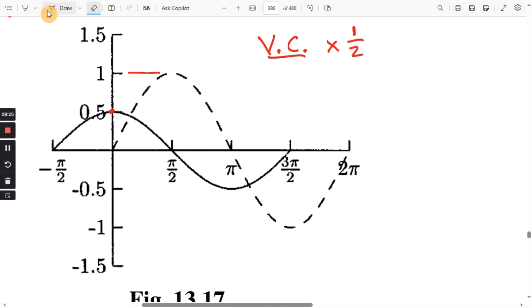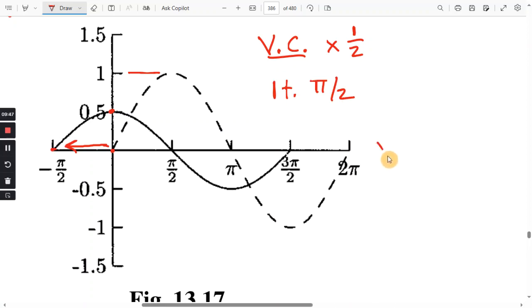And now let's look at the shift. All right, the dashed line starts at 0. The solid one starts at -pi over 2, so it shifts left by pi over 2.